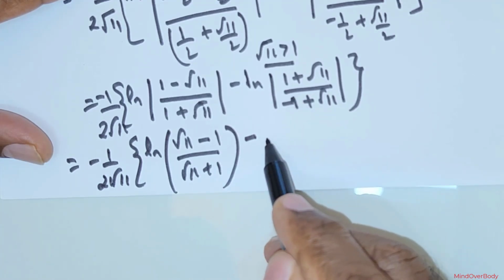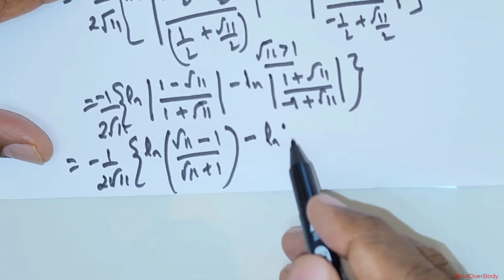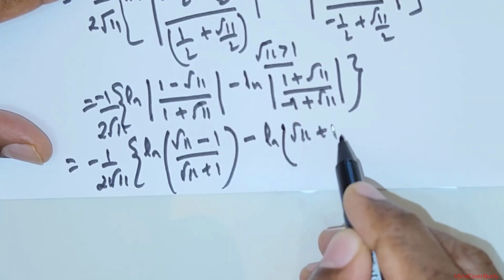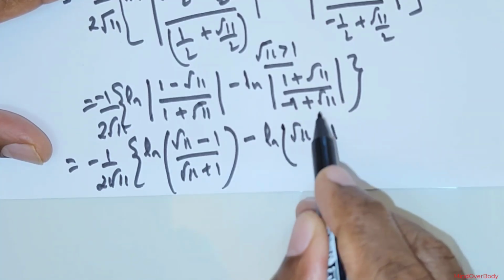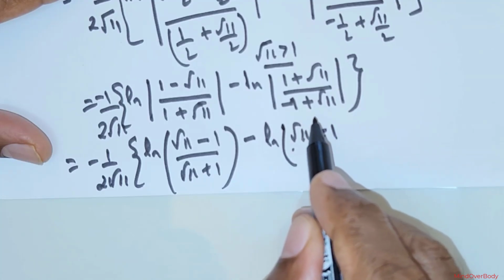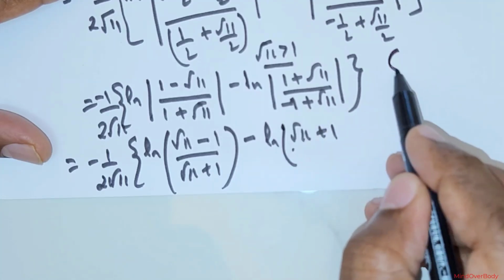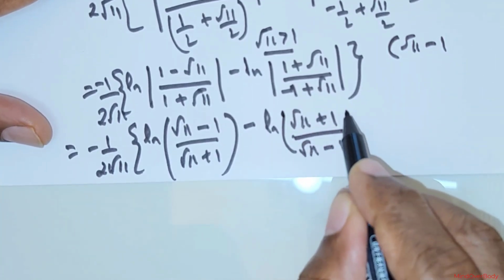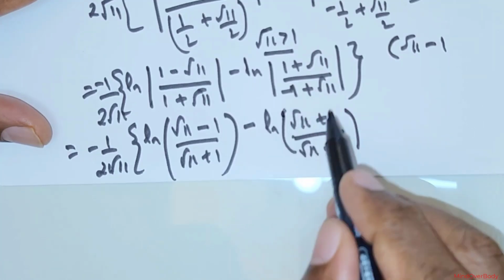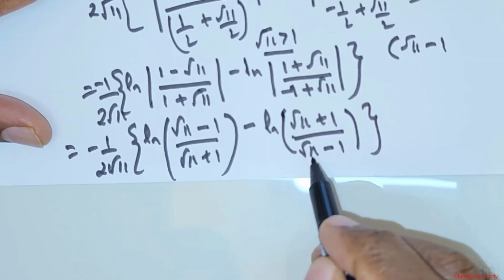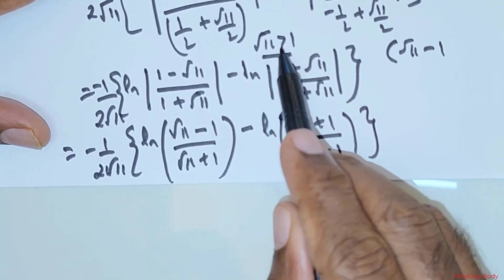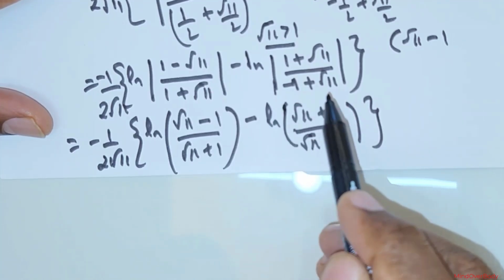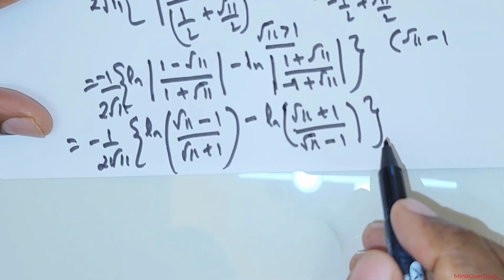Now this one you have nothing to do in this case, so this is going to be just root of 11 + 1. If I were to take a negative sign out, I would get root of 11 - 1. So this can be rewritten like this. Because of the presence of the modulus sign and the fact that root of 11 is greater than 1, I am in a position to write it like this. So the modulus sign comes to our rescue.